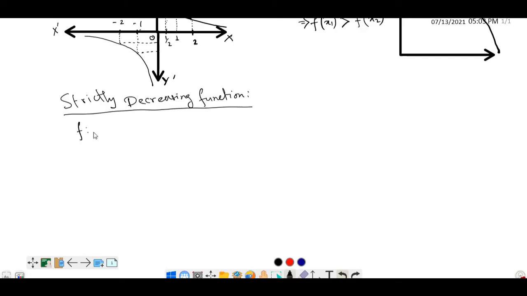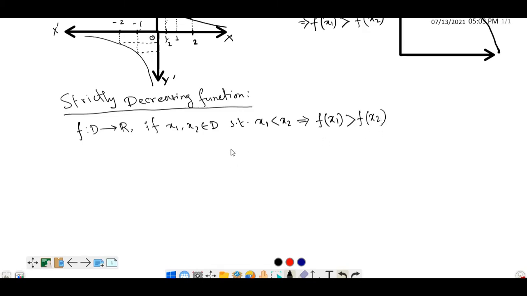Clearly the definition will be like this: f from D to R is a function, and if x1, x2 belong to the domain such that x1 is less than x2, then this will imply f of x1 is strictly greater than f of x2.